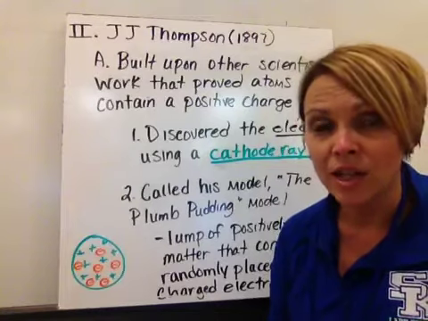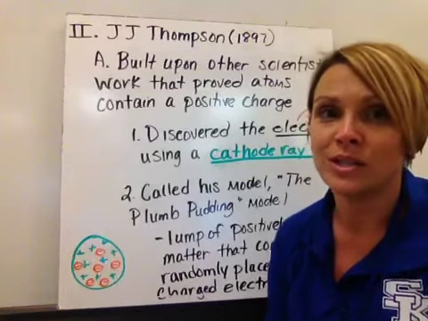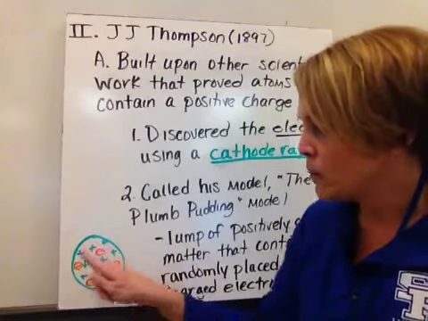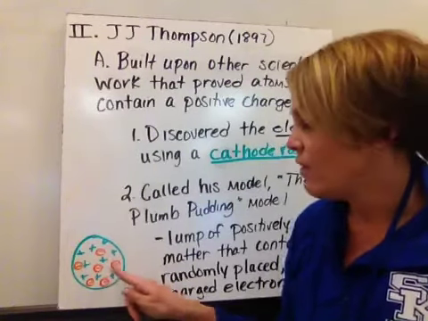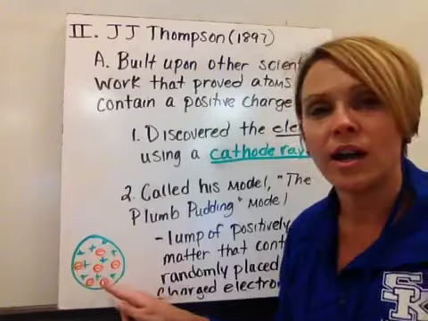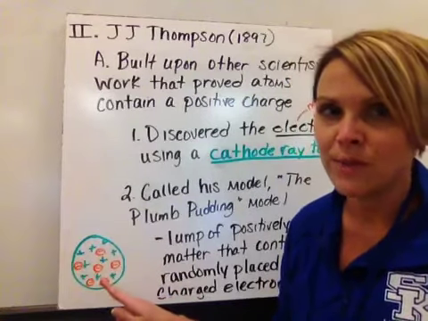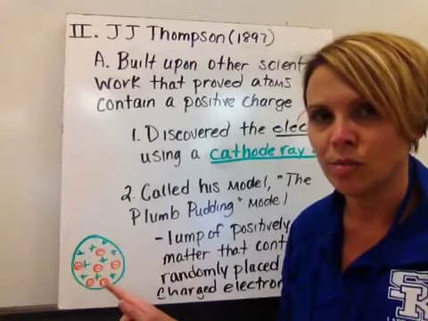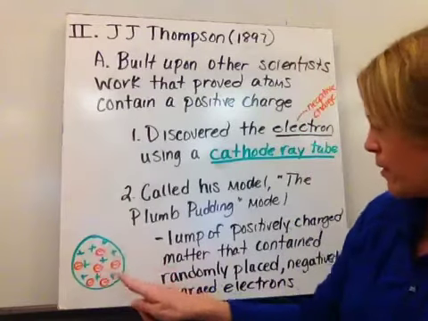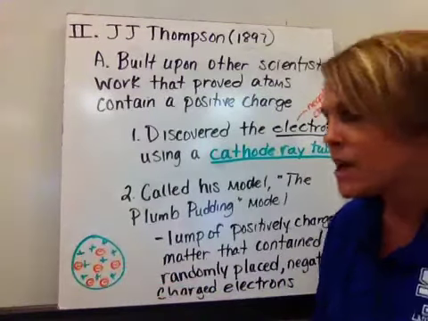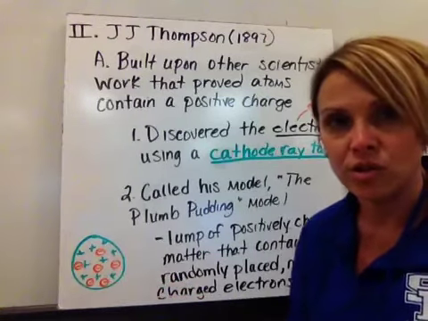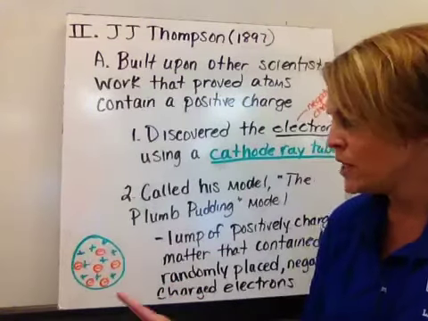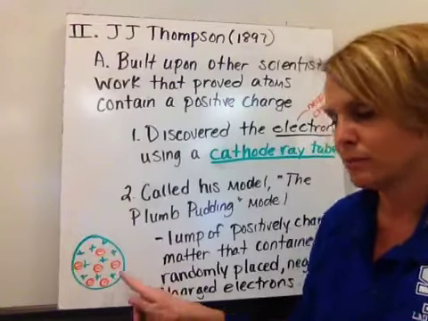I think that a chocolate chip cookie model makes more sense to us, where the positively charged part would be like the cookie dough, and the negatively charged electrons would be the chocolate chips. So we can call this the chocolate chip cookie model, where we just had a lump of positively charged matter that had randomly placed negatively charged electrons. And make sure you get these pictures down.